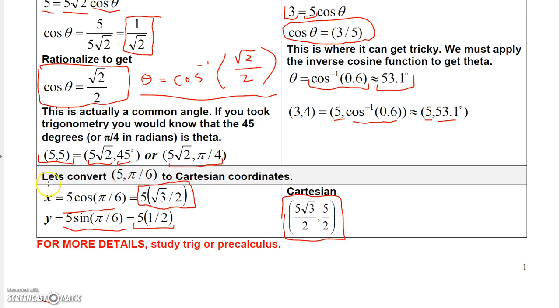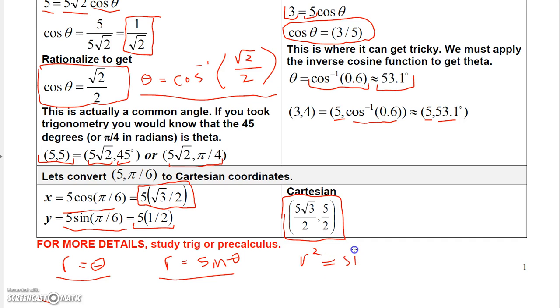Now, while I've got some time on this video, let me let you know that there's actually more to this. This is, like I said, just an intro, but there are equations that can be written like r equals theta, which describes a particular graph, or r equals sine theta, or maybe r squared equals sine theta.